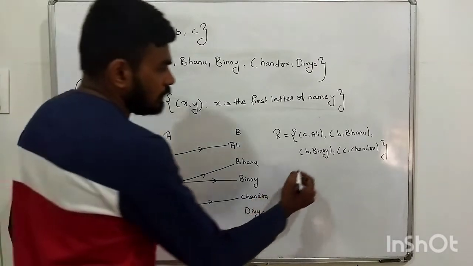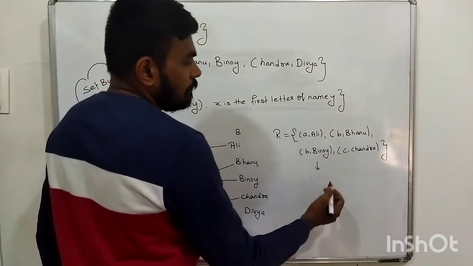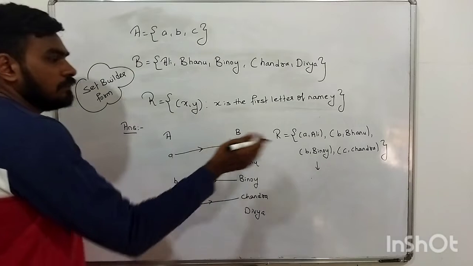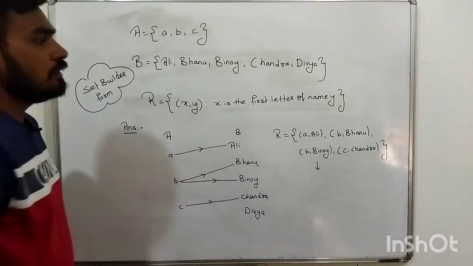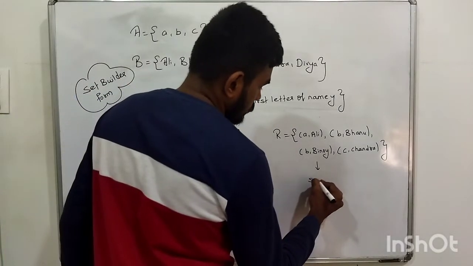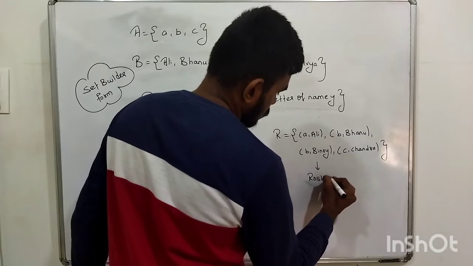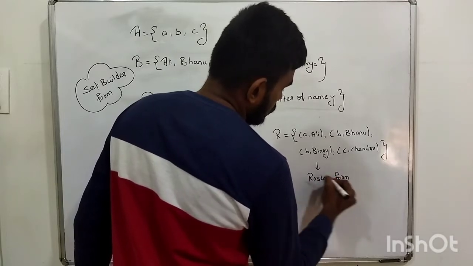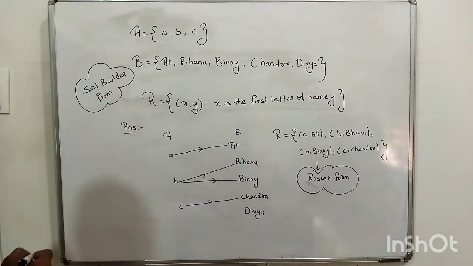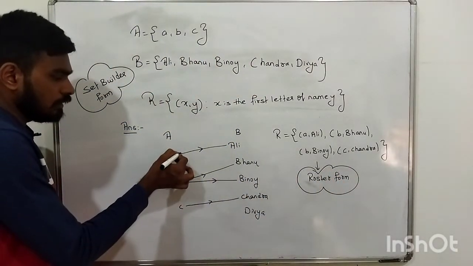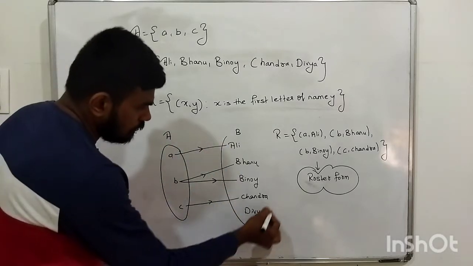Same way this is the roster form, where we just write the elements and put commas in the middle. This is the roster form or a tabular form, and even this is one of the forms of writing a relation.